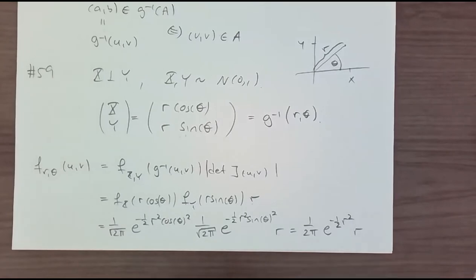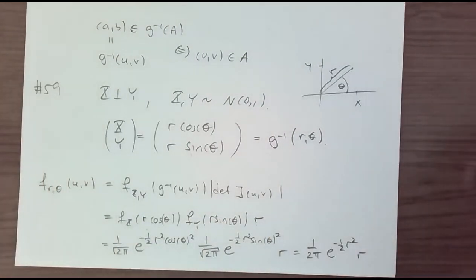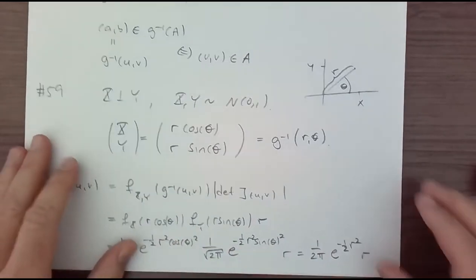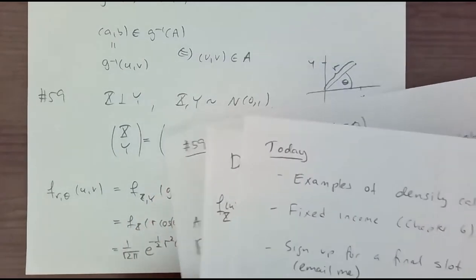Any questions on this? Those of you that had questions about this in the past, do we have any? Both of these methods do the same thing, right? Like 58 and 59. Well, 58 was a one-dimensional problem.